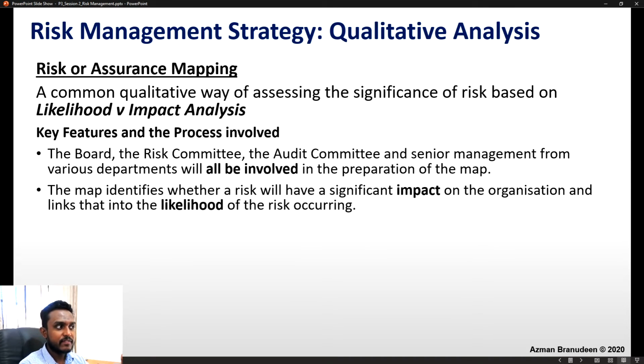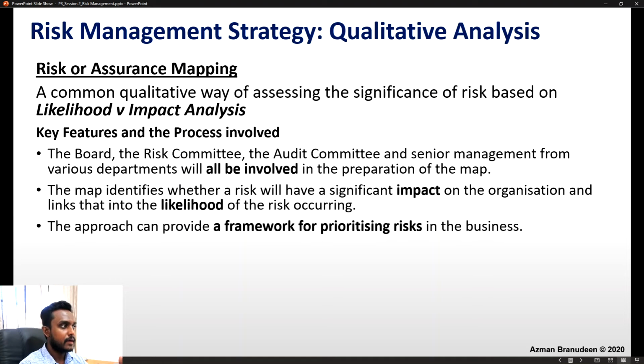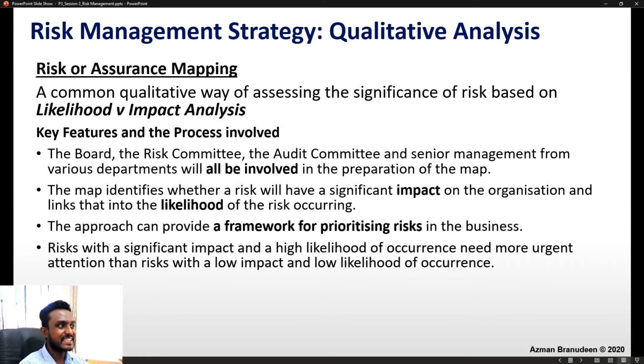The map identifies whether a risk will have a significant impact on the organization and links that into the likelihood of the risk occurring. The approach can provide a framework for prioritizing the risks in the business. Risks with significant impact and a high likelihood of occurrence need more urgent attention than risks with a low impact with low likelihood of occurrence.